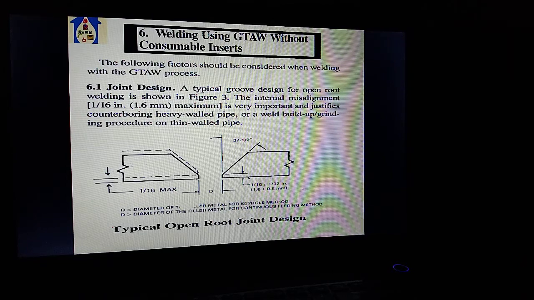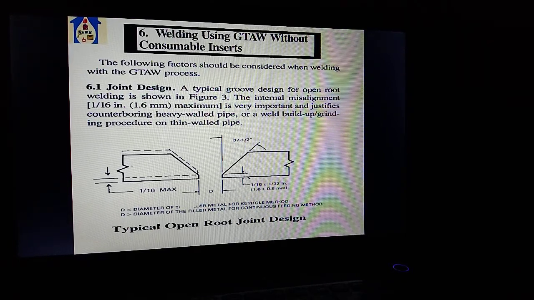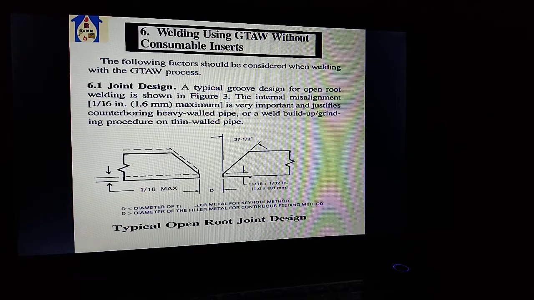The internal alignment, 1.6 maximum, is very important and contributes to more grinding on heavy wall pipe or weld buildup than on thin wall pipe.